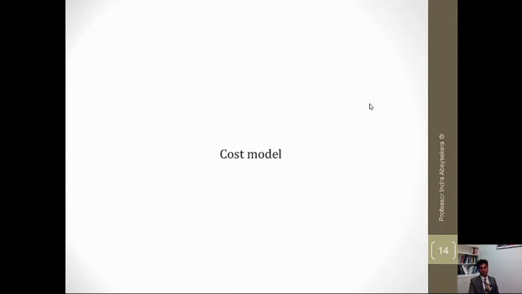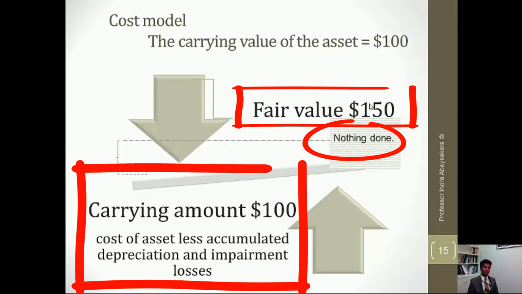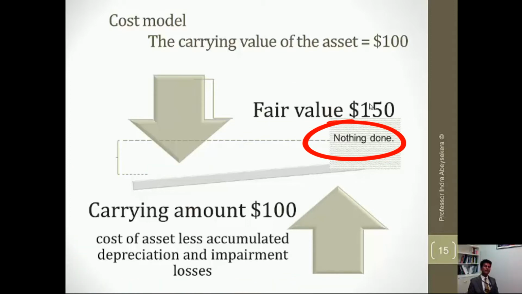Under the cost model, if the market value is greater than the carrying amount, we do nothing, because we can't increase the carrying amount. It will always go down and down, but not up under the cost model, because we take the cost of acquisition of the asset and then deduct accumulated depreciation and impairment losses.